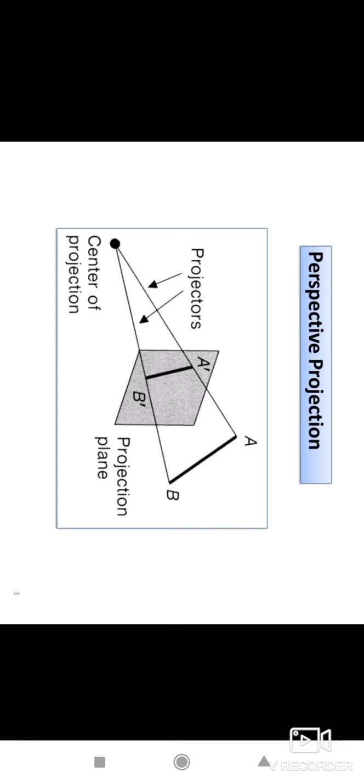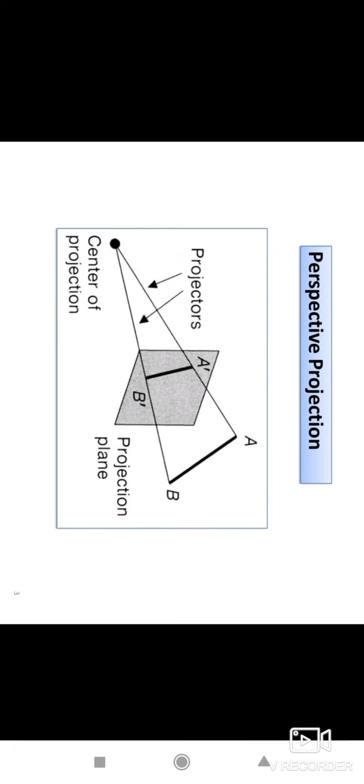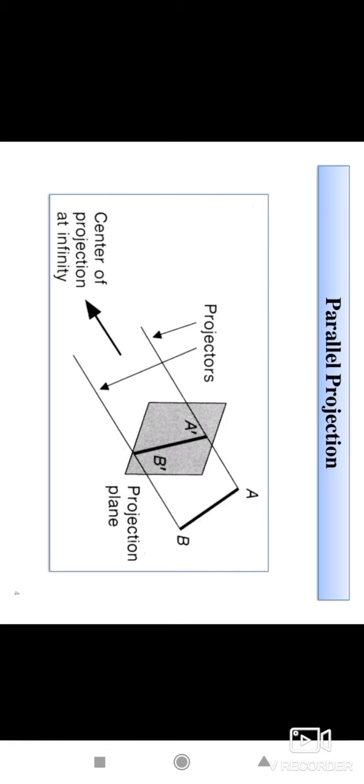Here we have the center of projection. The coordinates of the object are projected so that they converge to a single point somewhere, not at infinity. So these are the two main types of projections: perspective projection and parallel projection.